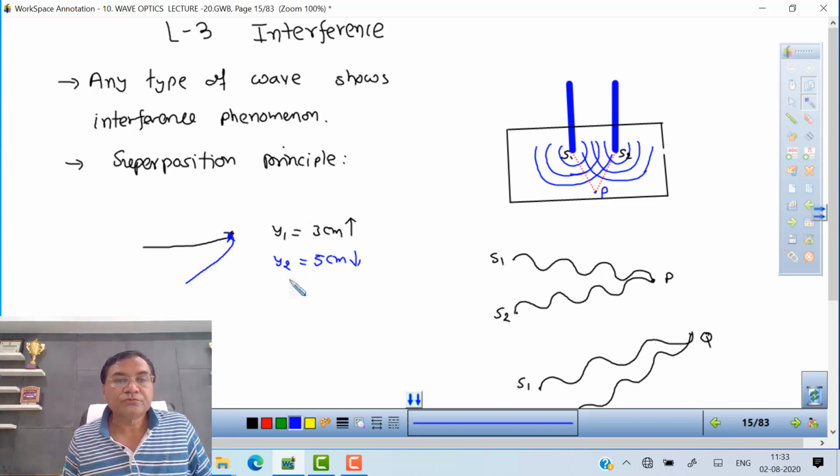Due to these two, it will displace y1 plus y2. It is one dimension, so I just take it without vector notation, otherwise I have to use vectors. So it is 2 centimeter down.